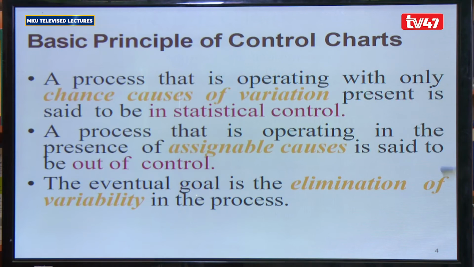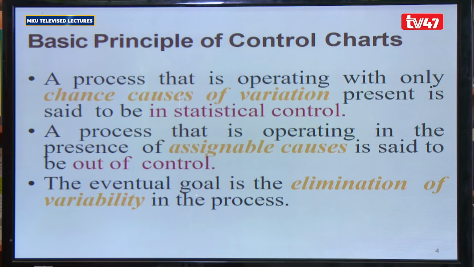So there are two basic principles that we apply when coming up with control charts. One, a process that is operating with only chance causes of variation present is said to be in statistical control. I want you to note this: chance causes of variation.